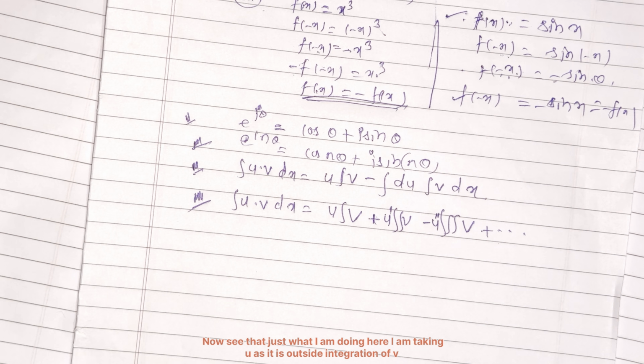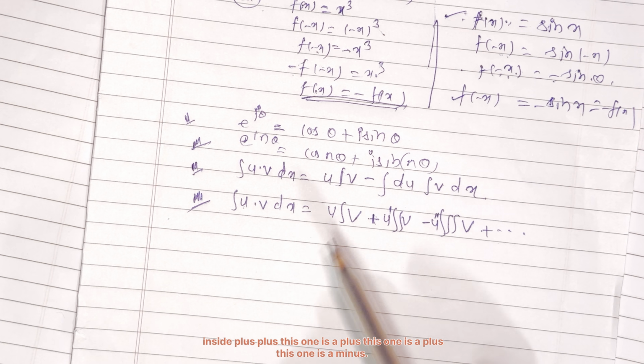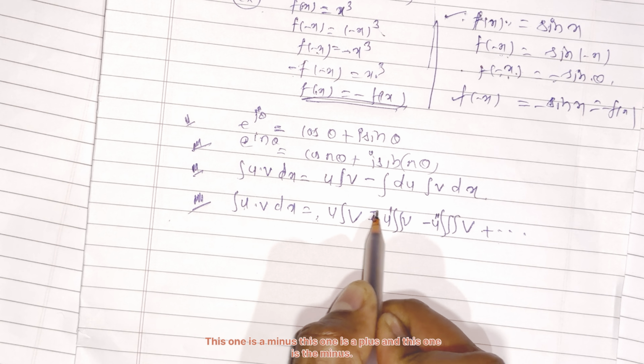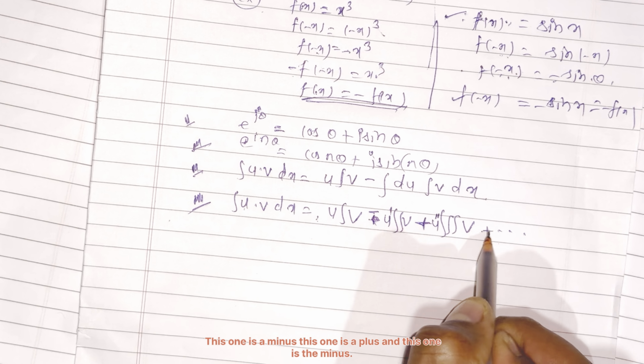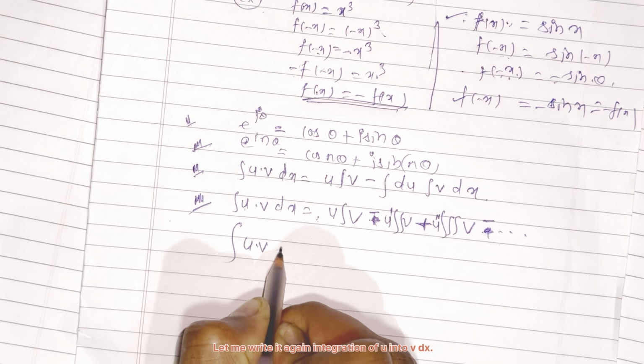I am taking u as it is outside, integration of v inside, with alternating signs minus, plus, minus. Let me write it again, integration of u into v dx.